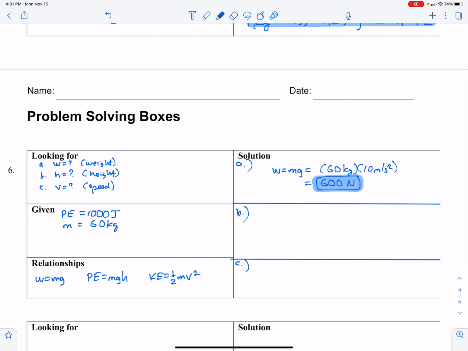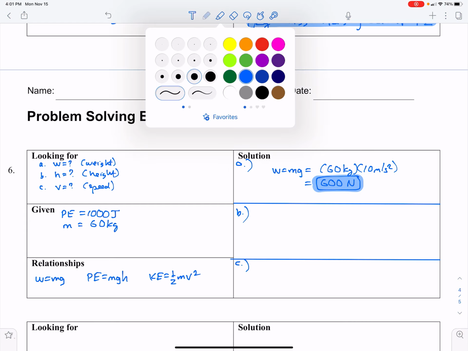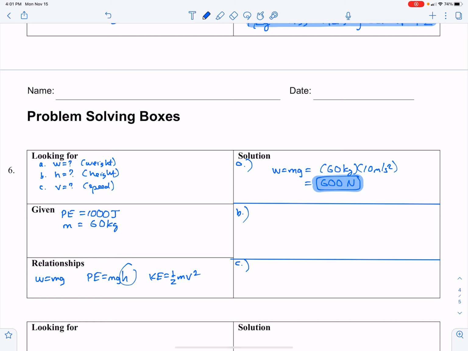Now in part B, we're looking for the height. Well, we can use the potential energy calculation to get that, because we have the potential energy and we're looking for the height. So potential energy is equal to m times g times h.